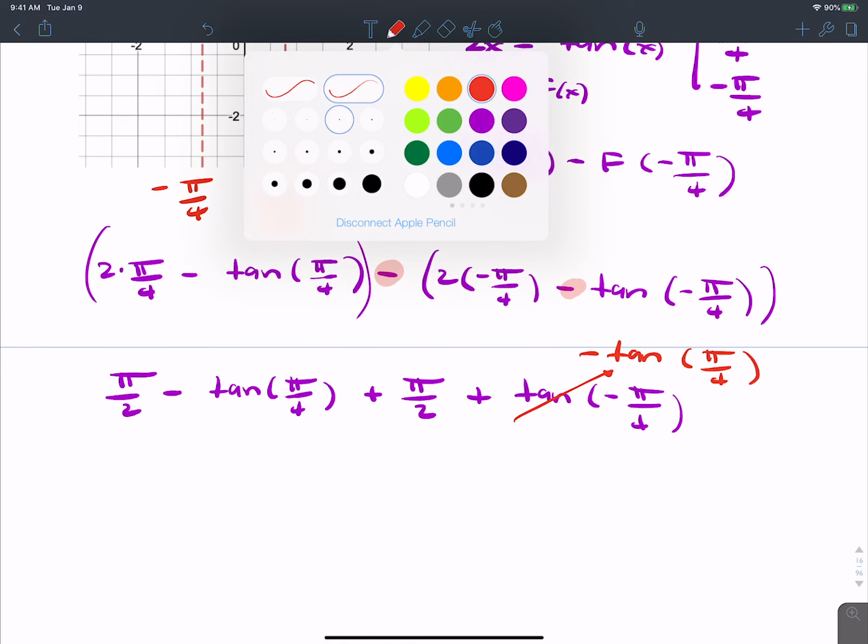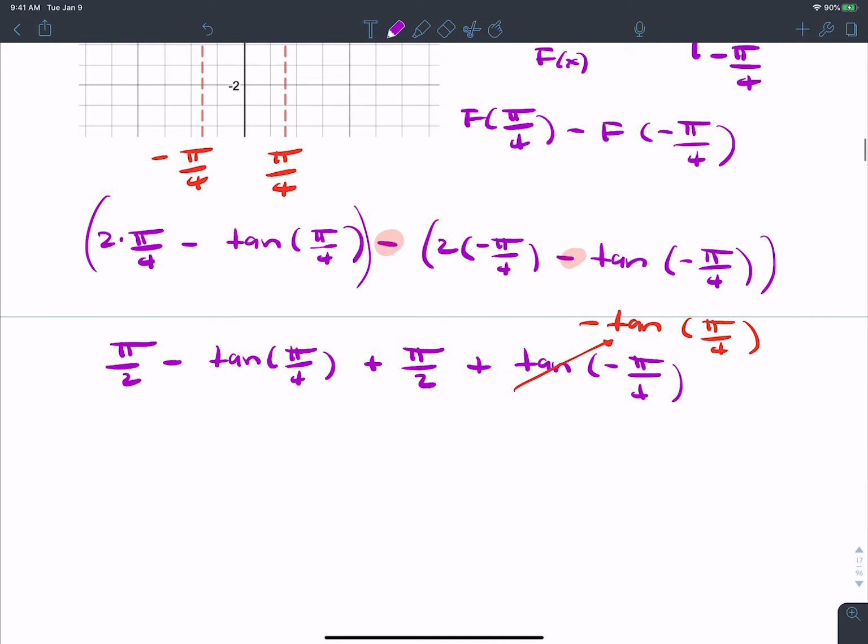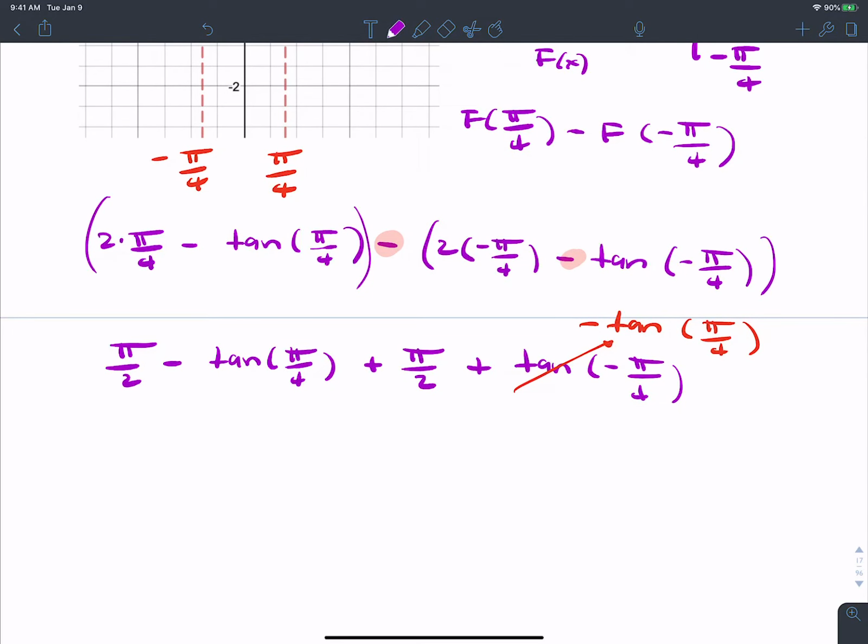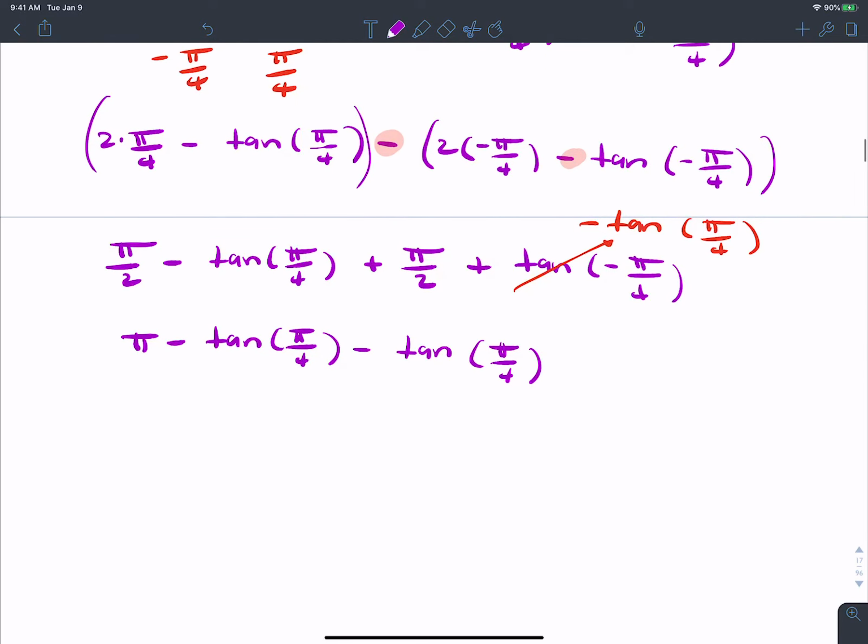So altogether, if I simplify a few things, pi over 2 plus pi over 2 is going to end up giving me 2 pi over 2, or just simply pi. Pi minus tangent pi over 4 minus another tangent of pi over 4. And so if you wanted, you can say pi minus 2 tangent pi over 4. Combine your like terms.